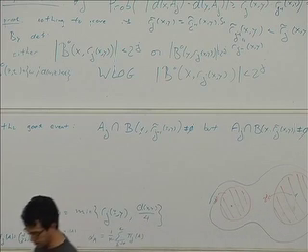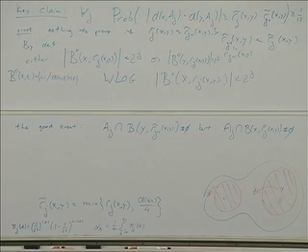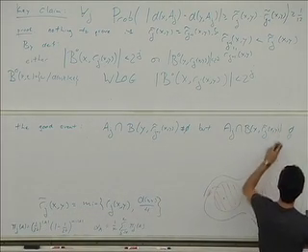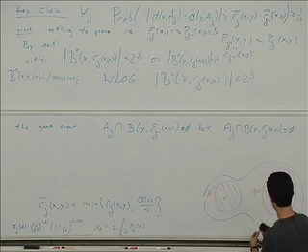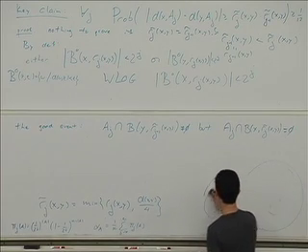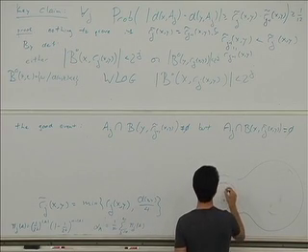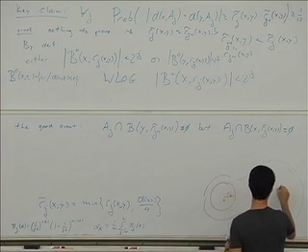Right? Because what's happening here, so this is x, this is the ball of radius Rj, and this is y, and this is the ball of radius Rj minus 1.